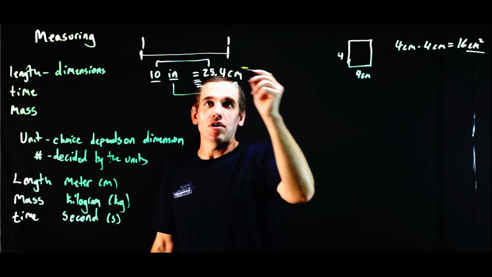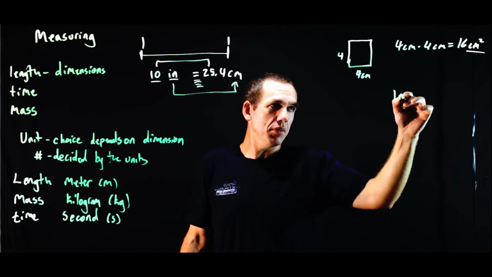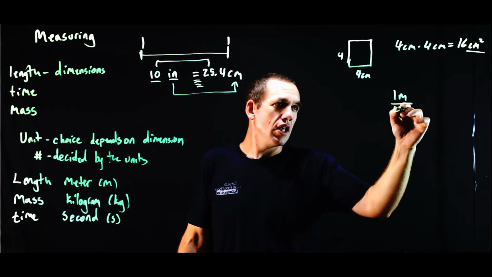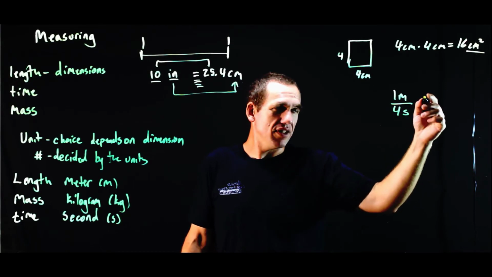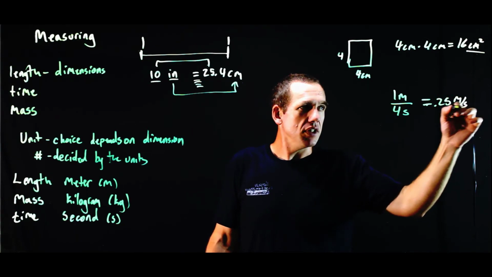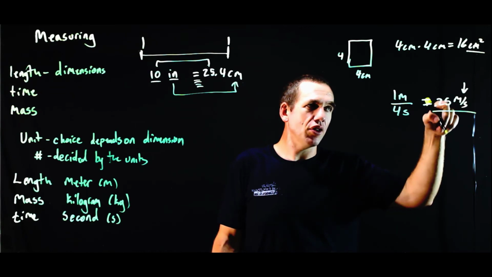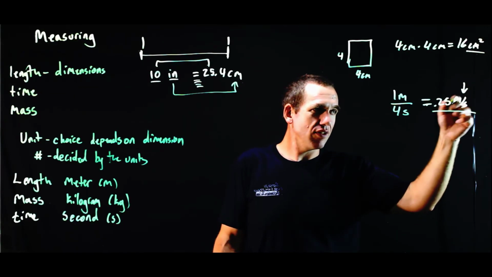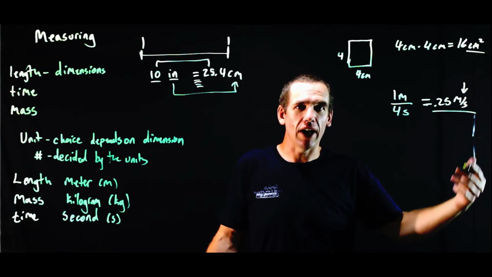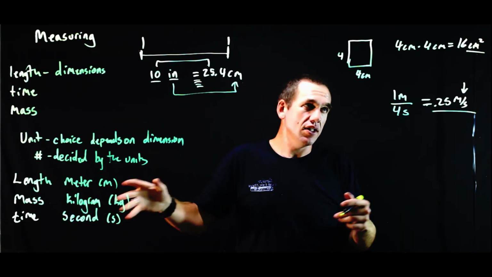If we covered, say, 1 meter in 4 seconds, then what we have is a velocity of 0.25 meters per second, right? That unit doesn't describe length or time. It describes length per time, and that's called a derived unit.